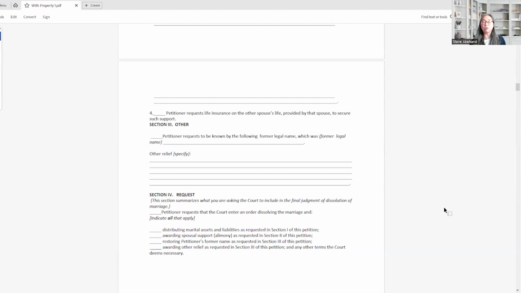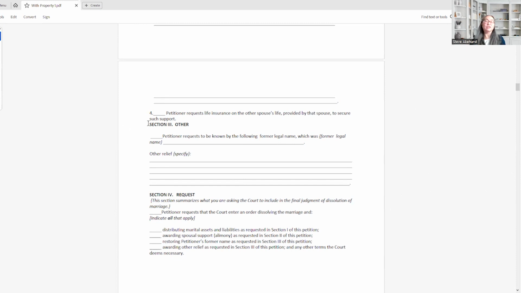And I would say generally the court will accept it as long as it's a reasonable amount of money. Like if you're getting $500 a month, you could ask for $50,000 life insurance, with you as the beneficiary, just in case he or she passes away. So that's what section 4 is.